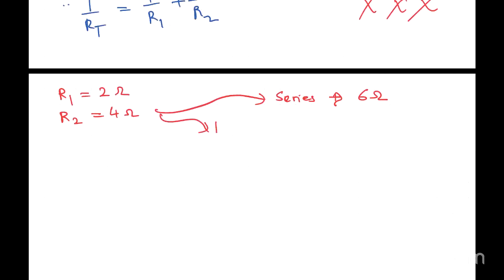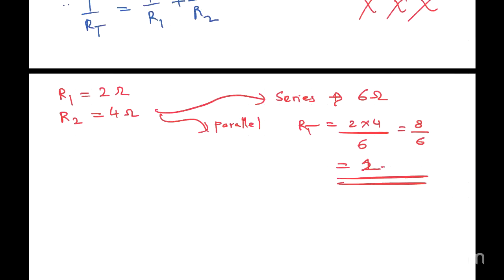If I use it in parallel, the total resistance is going to be 2 times 4 divided by 6. So it is going to be 8 over 6, which is 1 point something. So you can see that going from series to parallel, it decreases the resistance.